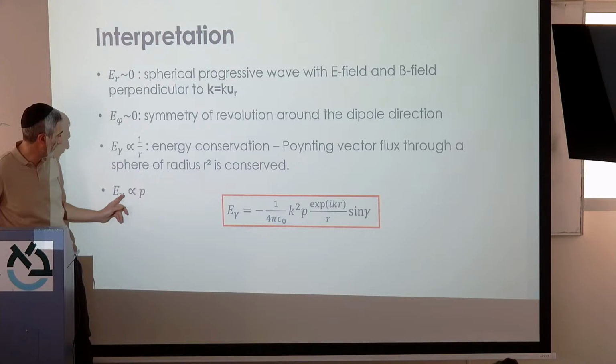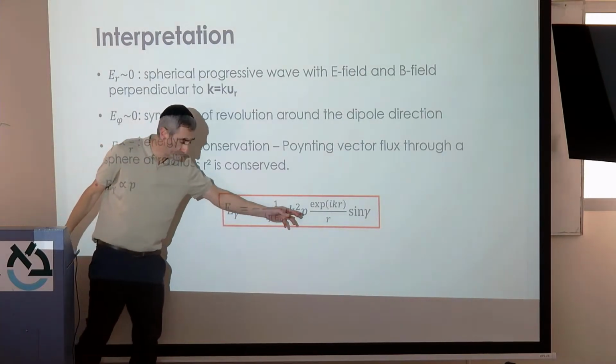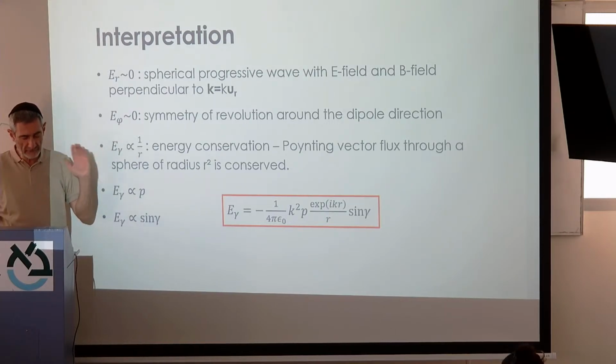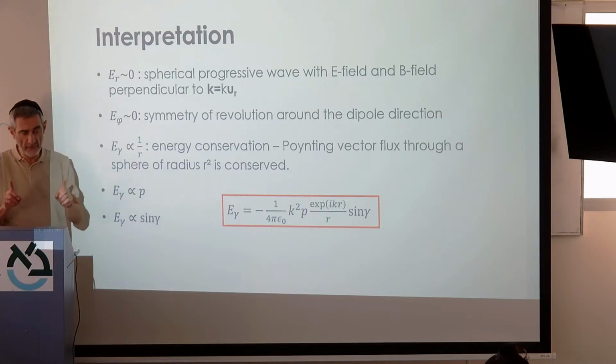That's also important: E gamma is just proportional to P, the dipole moment of the dipole. We can stop here because we started with a static description, simply a dipole.